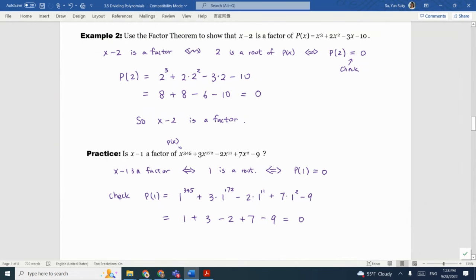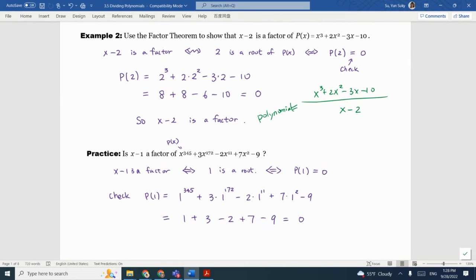For this problem, you can do x cubed plus 2x squared minus 3x minus 10. You can divide it by x minus 2, and you want to show you get some polynomial. If you get a polynomial, that means this function equals that polynomial times x minus 2. We can show that. Okay, but this is easy.